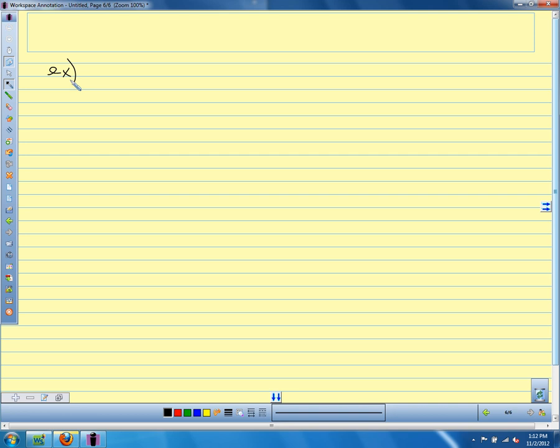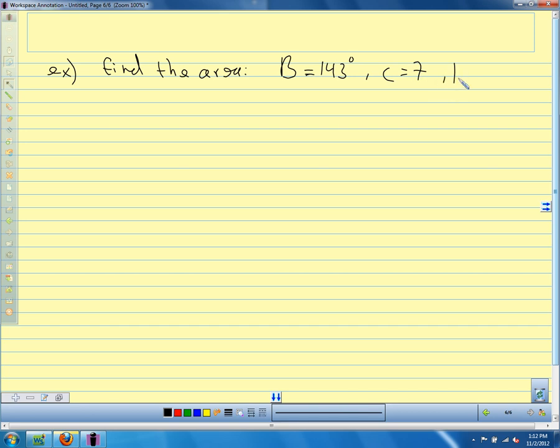So let's say we want to find the area. And our triangle has B equals 143 degrees, C equals 7, and B equals 18. Let's see, did I write this down wrong?